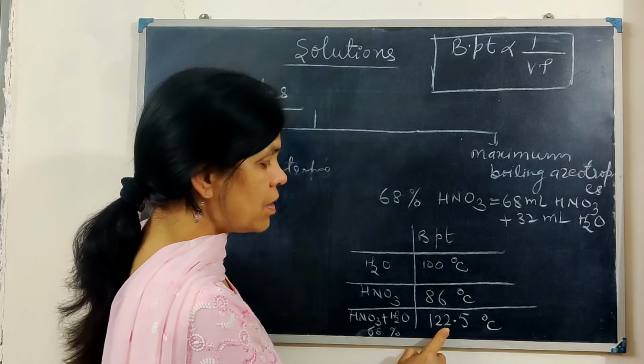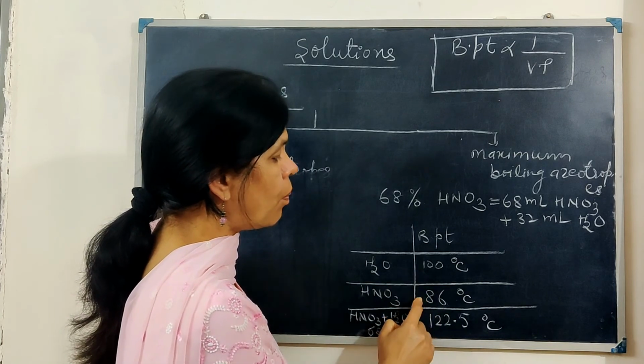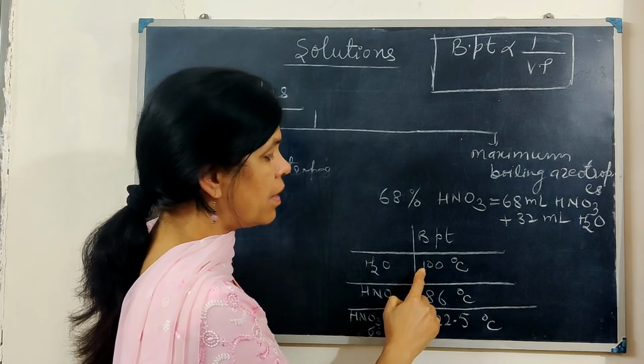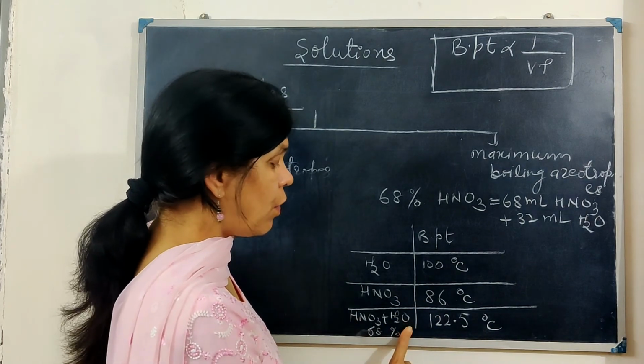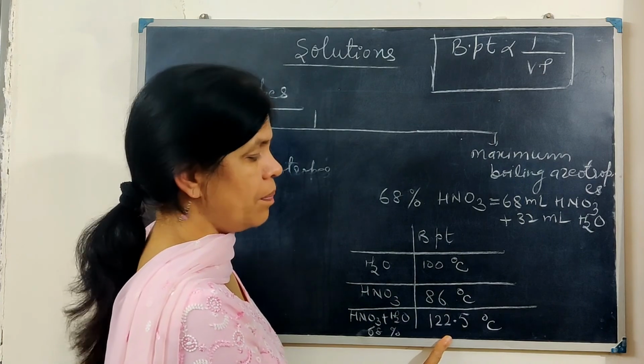The boiling point is much higher than the individual components of the mixture. One is 100, the other is 86, and now it is 122. Even water is boiling at this high temperature.